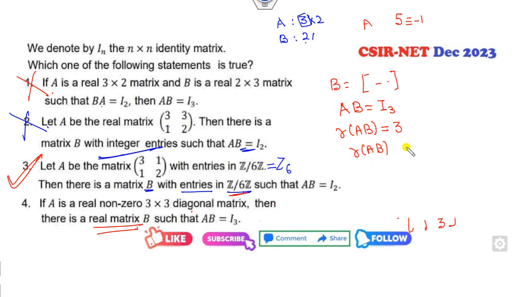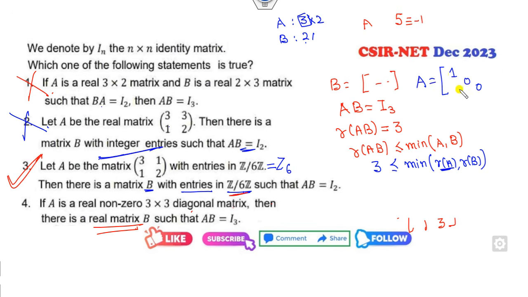Also we all know rank is the minimum of rank A and rank B. So if I choose any matrix A whose rank is less than 3, A is any diagonal matrix. Fine, this is the diagonal matrix. What is the rank of A? 1. Whatever the minimum of B, it is always less than or equal to 1, which is not satisfied. So C is my right answer.